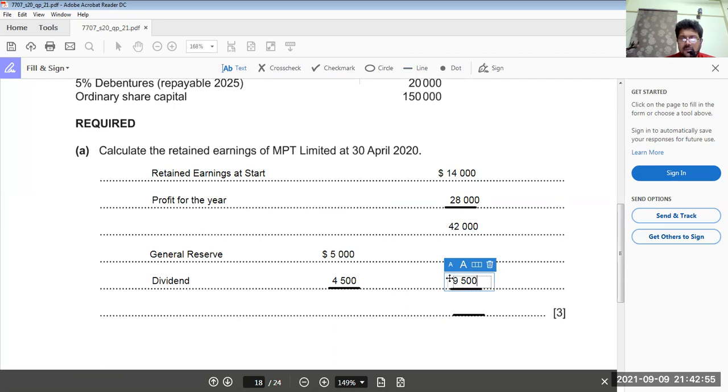Deduction should be in small brackets, so we remember that we have to deduct it. Now see, 42,000 minus 9,500. The answer is 32,500. Retained earnings at end, on 30th April 2020. We have earned 3 marks.